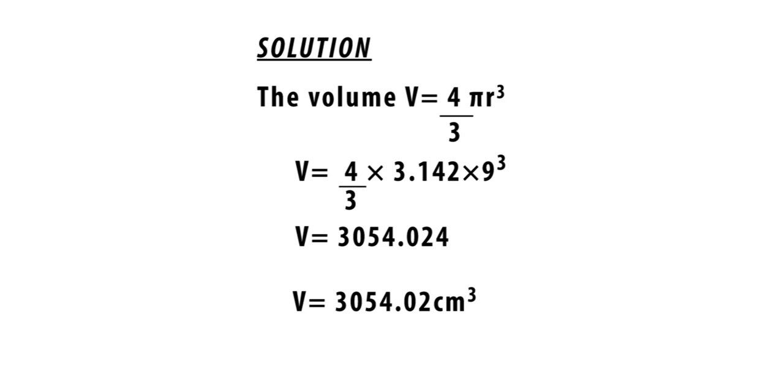When we simplify that, we have 3054.024. You can get that from the calculator. We are to write our answer to 2 decimal places, so our final answer will be 3054.02 centimeters cubed. That's very simple.